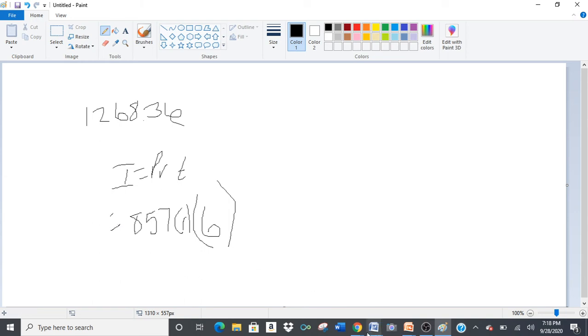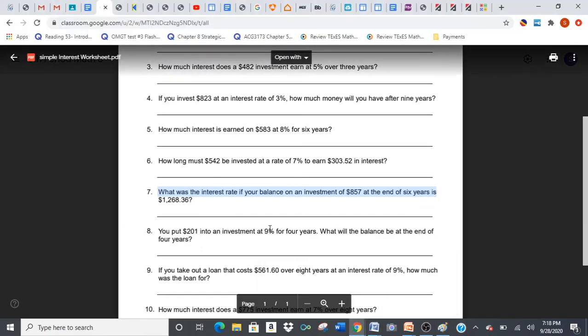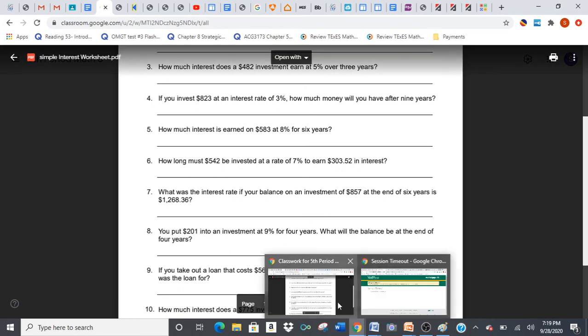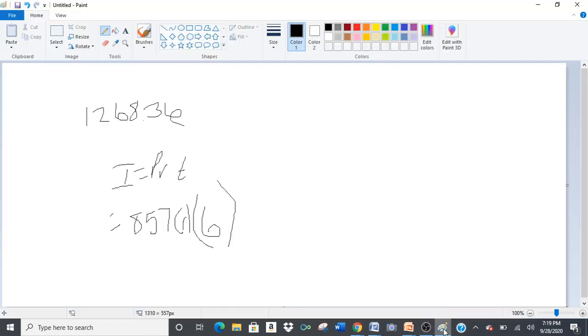So now it says if this is the total amount and this is the principal, how do we find the interest? Well, what did we do last time when we needed to find the total? Well, we added the principal and the interest. So now we kind of have to work backwards. So this is the total amount that he's paid. And this is the principal. This is the initial start of his loan.